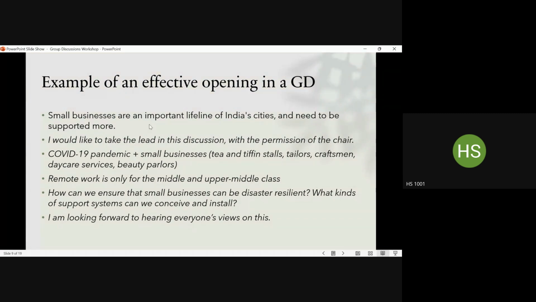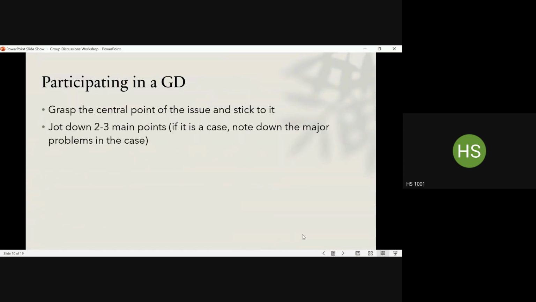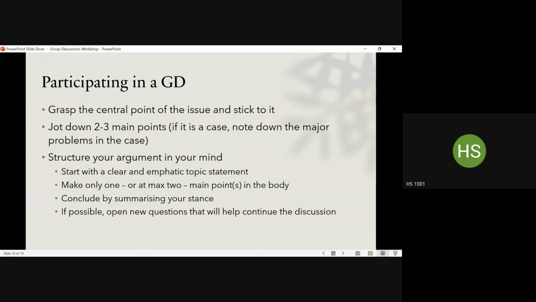That is, of all the 2 or 3 points, this is the one that I want to talk about. This lifeline point is the one that I want to focus on. In that case, my clear and emphatic topic statement would be concerned with that lifeline element of the motion that is given to you.